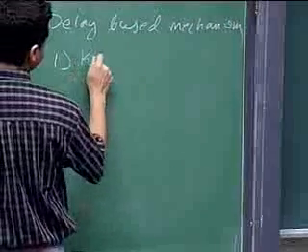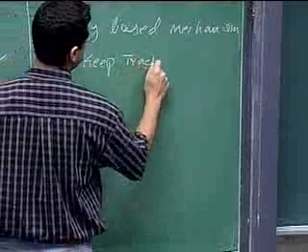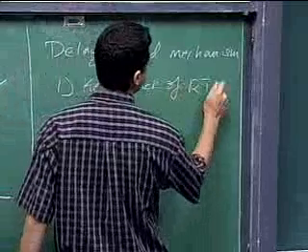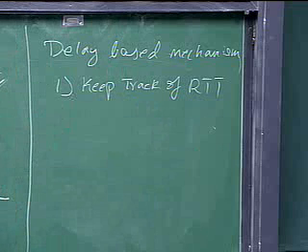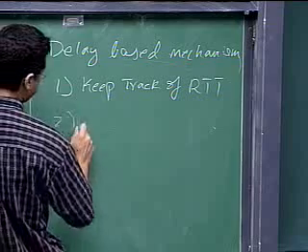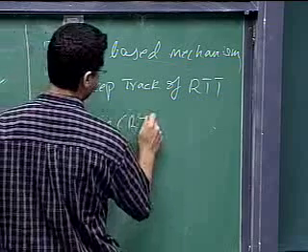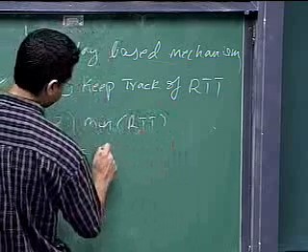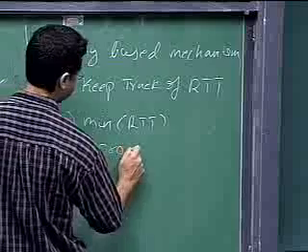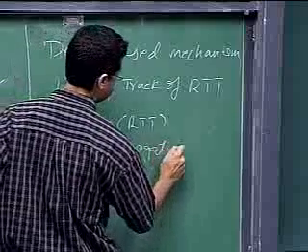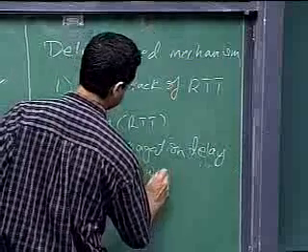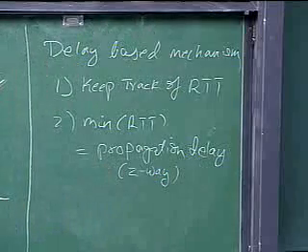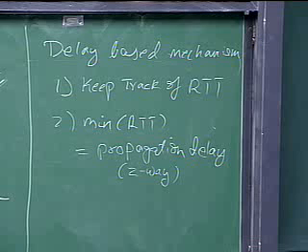The first step is you keep track of the round trip time, RTT, and over time the minimum of the RTT is equal to the propagation delay. You'll send a packet, you'll get the acknowledgement back, you'll send another packet, you'll get the acknowledgement back.